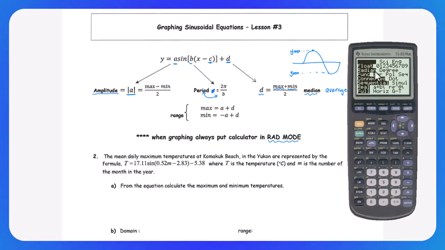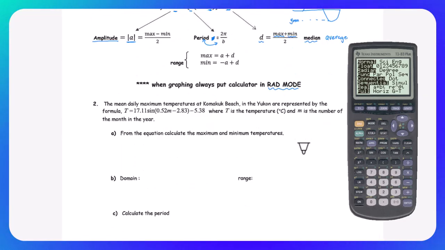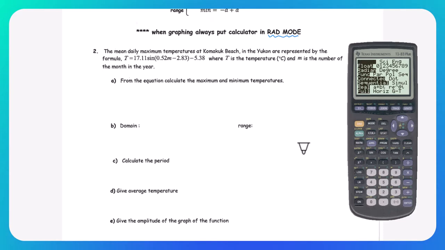Sometimes we might be working in degrees, so if we're working in degrees and then coming back to radians, we have to make sure when we're graphing these things, it's always in radians, or we might end up with some answers that are a little off. So let's go ahead and look at this first example.